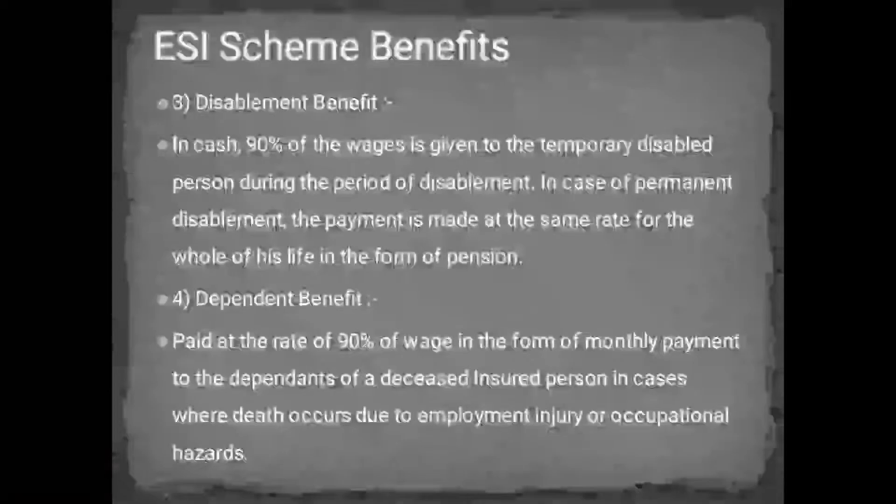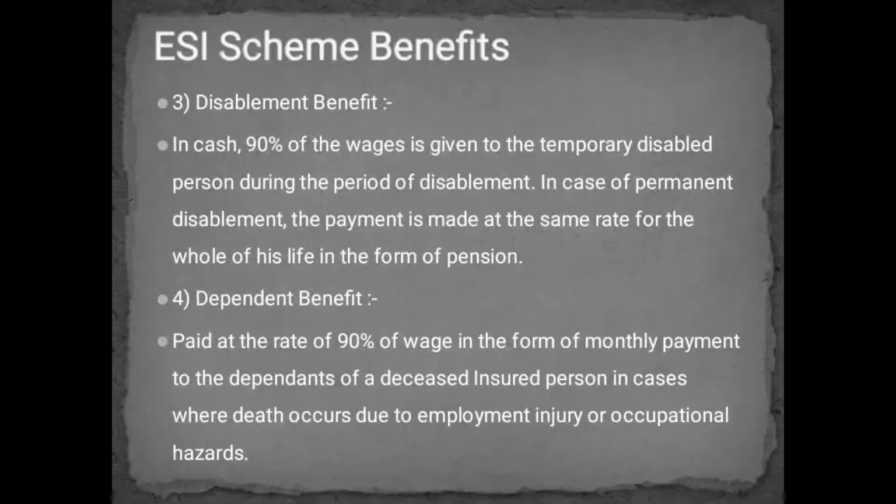Then disablement benefit. So what is this disablement benefit? In cash, 90% of the wages is given to the temporarily disabled person during the period of disablement. In case of permanent disablement, the payment is made at the same rate for the whole of his life in the form of pension.